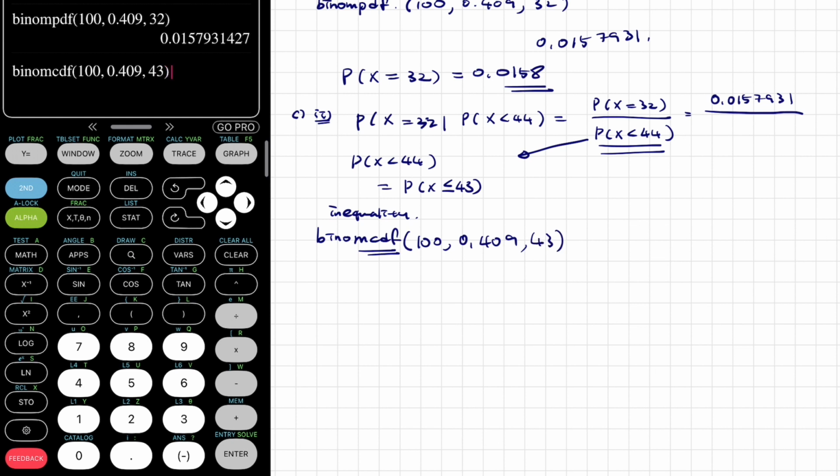Okay, then it will give you the answer 0.702975, and this is same as probability that x value is less than or equal to 43.